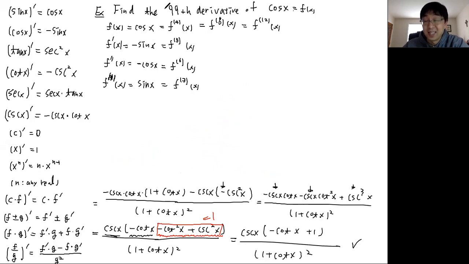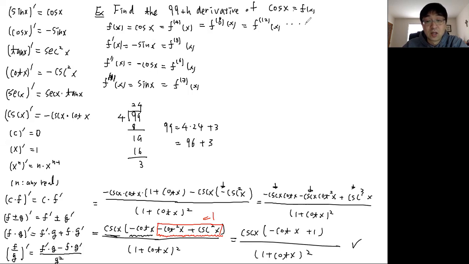We have 96. 96 is the closest because 99 divided by 4 is 24 with remainder 3. So 99 is exactly 4 times 24 plus 3, so exactly 96 plus 3.